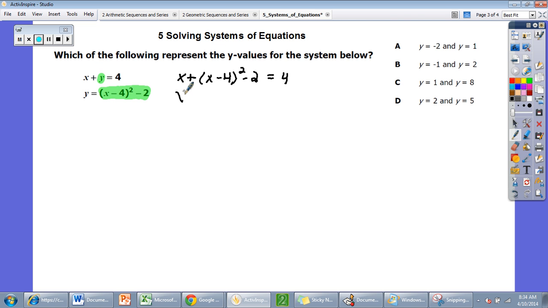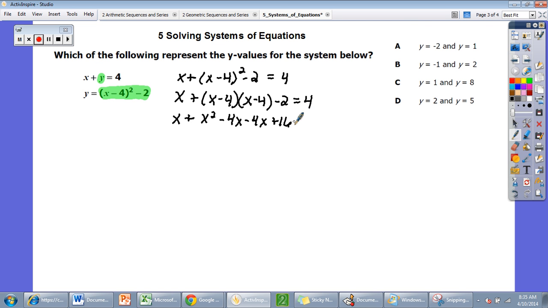What I have to remember is that (x minus 4) squared means (x minus 4) times (x minus 4). I can't forget about the minus 2 equals 4. I have to FOIL this thing out. So that means I have x squared, because x times x, minus x times negative 4. I have that here, minus 4 times x. And then negative 4 times negative 4 is a positive 16.